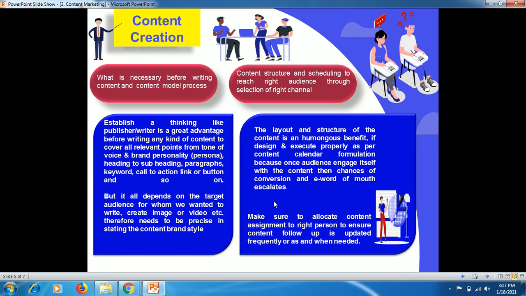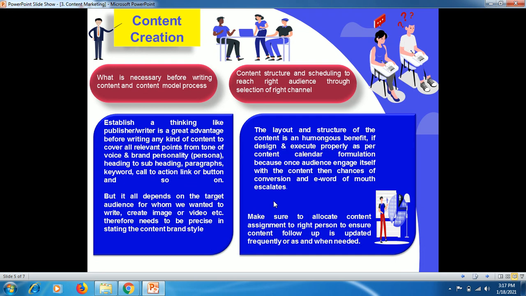So you must have a strong foundation in terms of layout, like headings, subheadings, paragraphs, call to action button, and so on, and structure as well, because you know this is content I have to keep updating, and I have a calendar formulation as well.